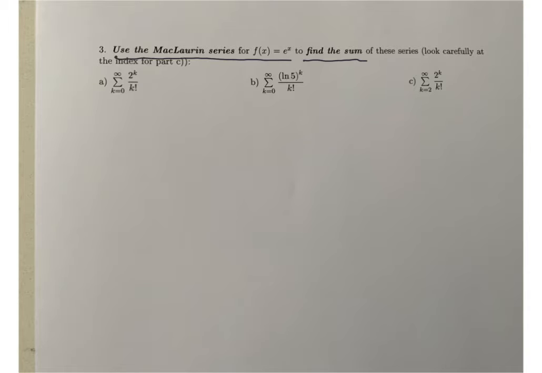And so let me remind you, we did this work earlier, and here it is. e to the x, the Maclaurin series, is the summation k equals 0 to infinity, x to the power k divided by k factorial. Just to be clear, let's write out some terms. When k equals 0, that's all 1.